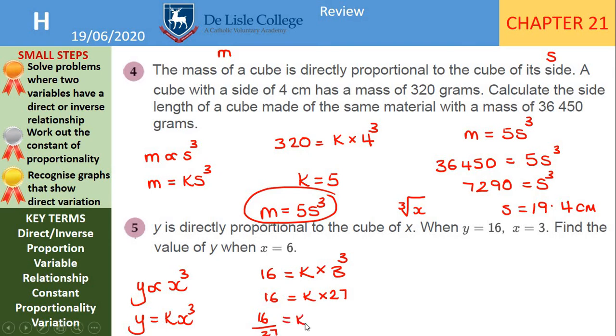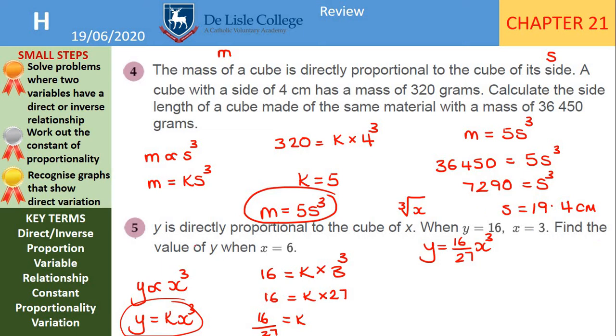Now this doesn't simplify and gives us a big long decimal in the calculator if we have a look what it is. So I'm going to leave it as a fraction in my formula. So I'm going to have as my formula y equals 16 27ths x cubed, and it's better to leave it in this natural form if this is the case.